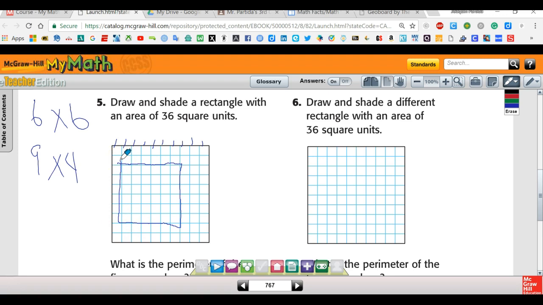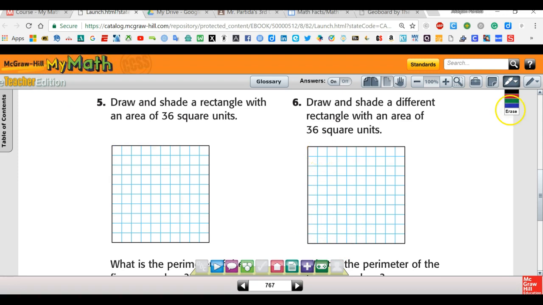Okay, I can do 9 times 4 as well. Let's do 9 times 4 on this side. So 1, 2, 3, 4, and then down 9. 4, 5, 6, 7, 8, 9, and across. And there's another one there.